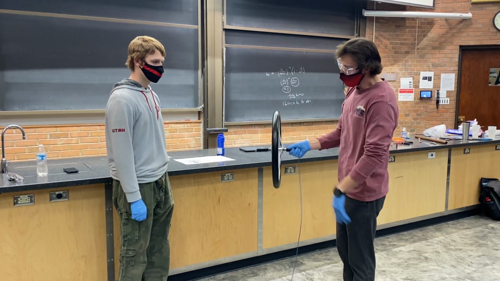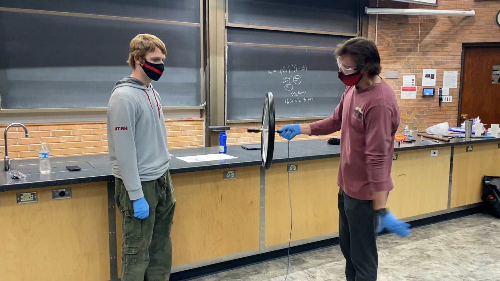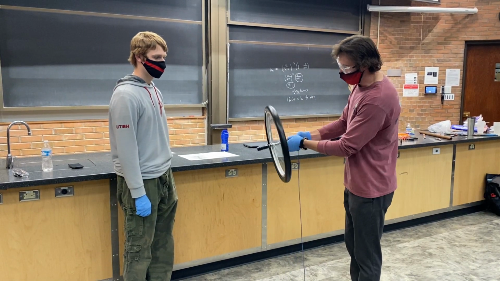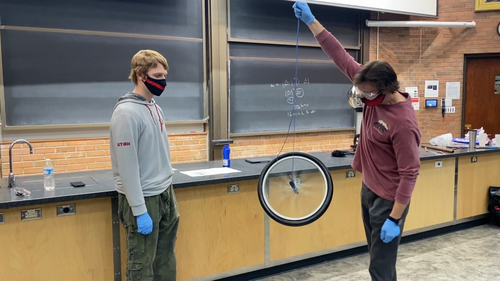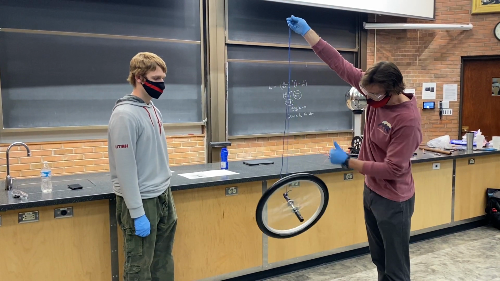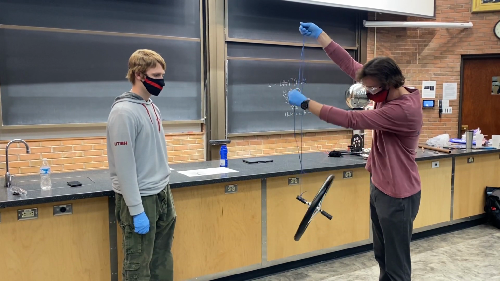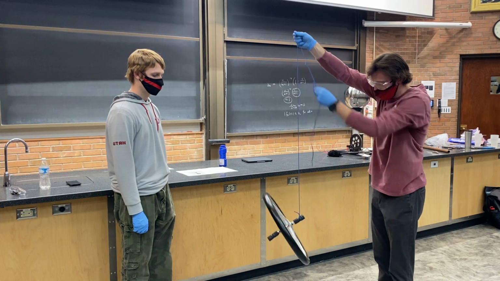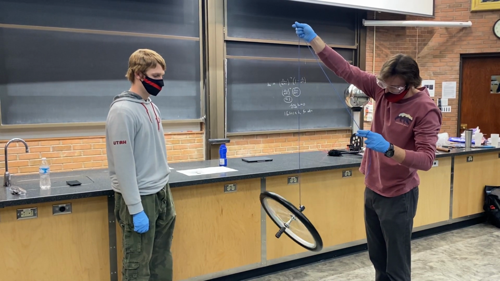And because torque is the rate of change of angular momentum, when the wheel already has angular momentum like this, and I release it, it's going to start to rotate. The angular momentum for the wheel is going to chase the torque vector, and we get precession. And that's it.